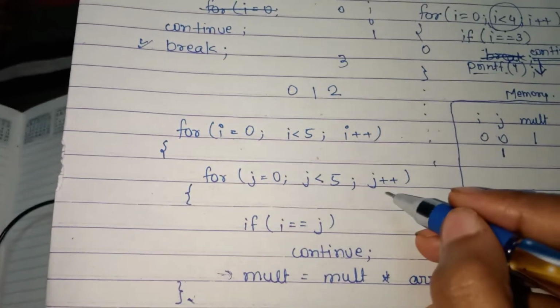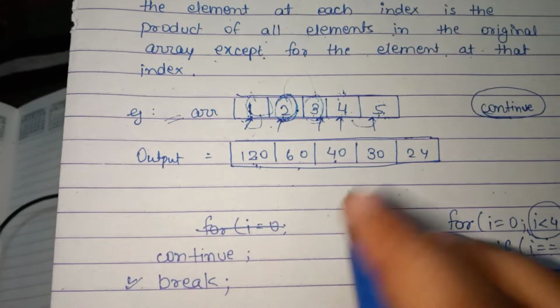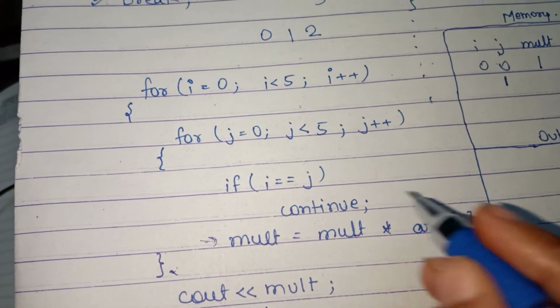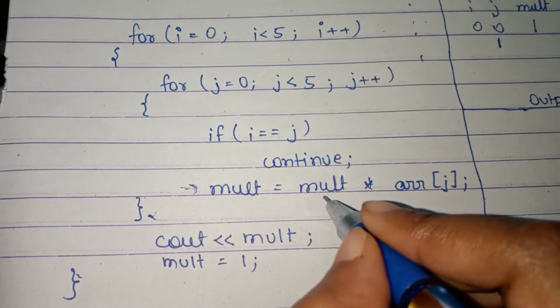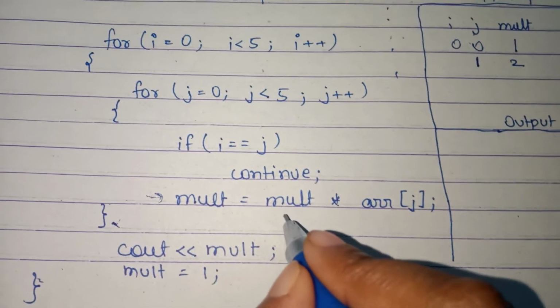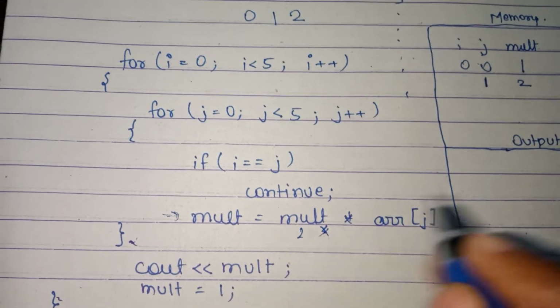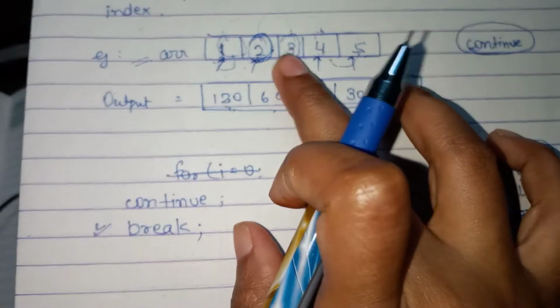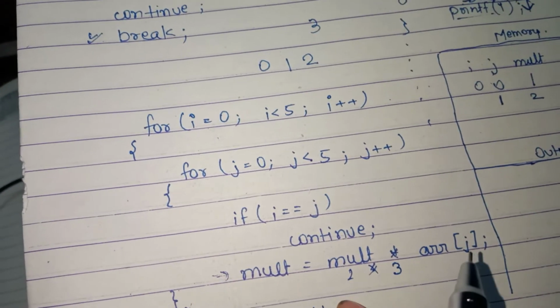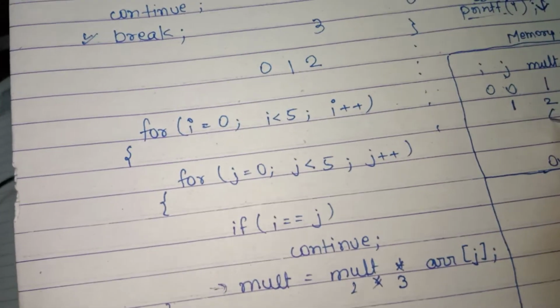So again j plus plus, it will denote this 3. From the previous statement we have mult value 2, and here 2 into arr[j], where j is currently denoting this 3. So 2 into 3 will become 6, and mult value will become 6.